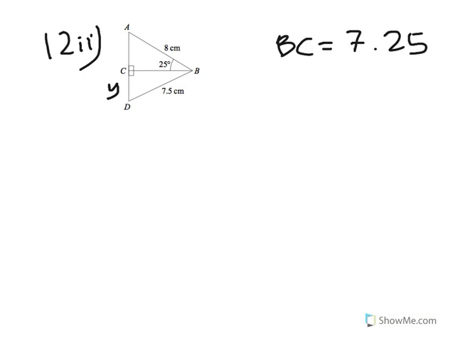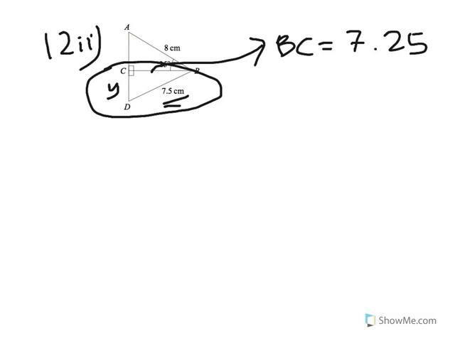Okay, next question, 12.2. You are being asked to find out CD. I'll just call CD y in this case. We have BD, which is 7.5, and we have BC, which is 7.25. We're going to take only this triangle to solve this part of the question. In this case, we have two sides, but we don't have one side.